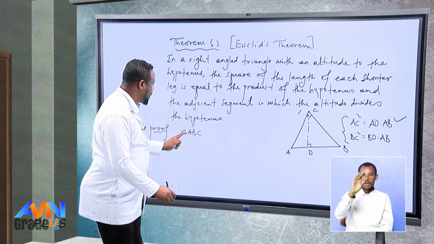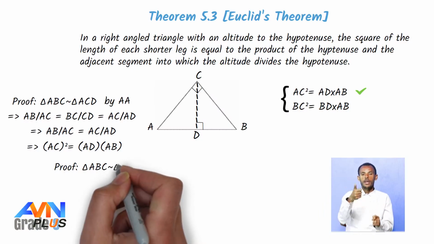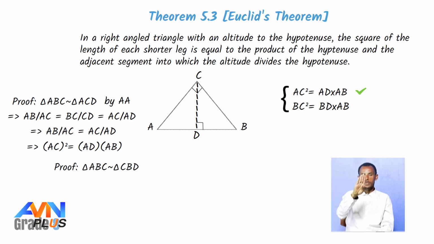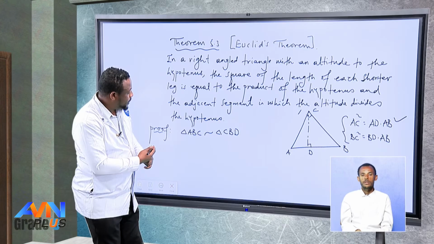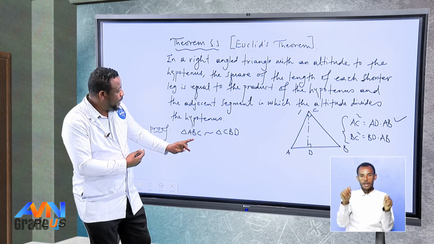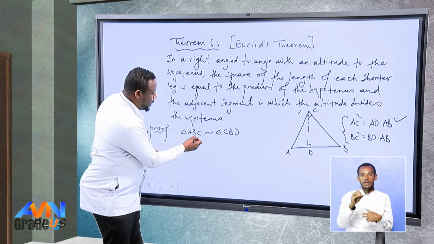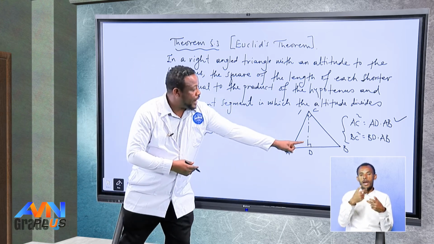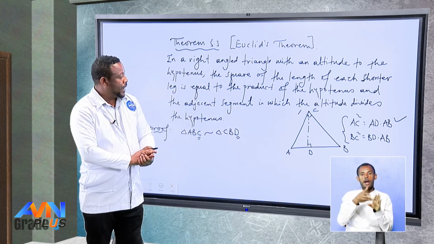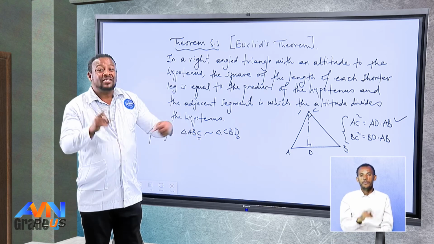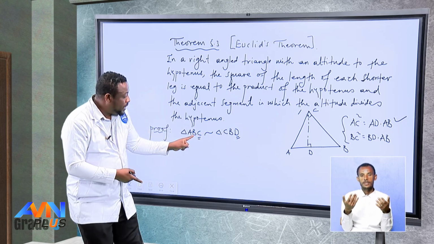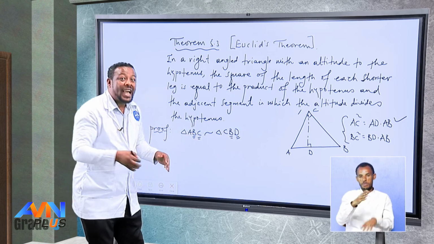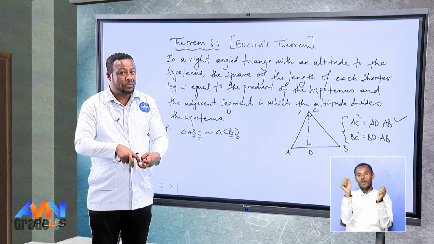Now, if you take CBD, triangle ABC is definitely similar to triangle CBD. How? These two triangles have 90 degrees at C and D, right? The other thing, their middle angle, B, is another common angle.